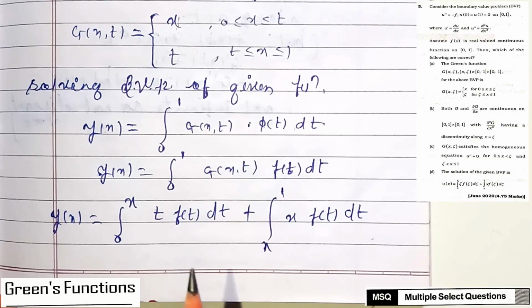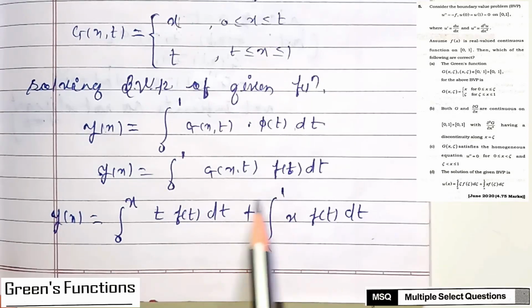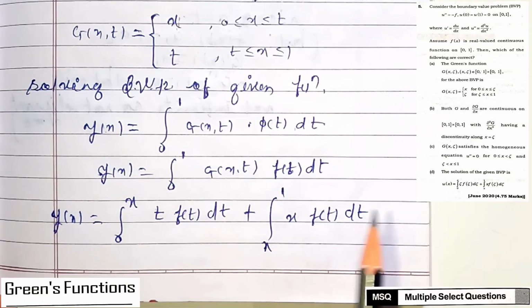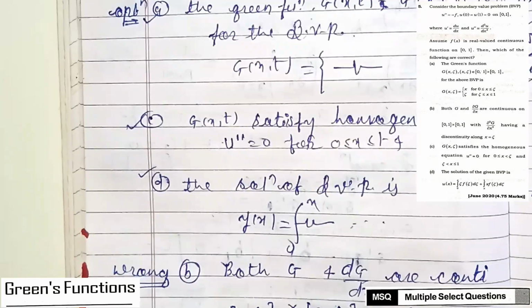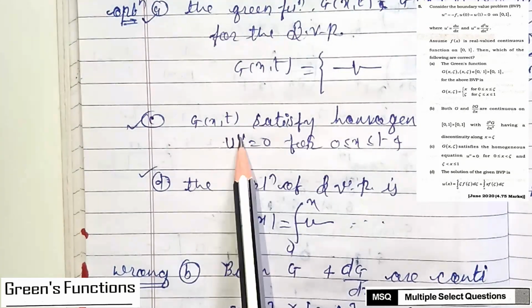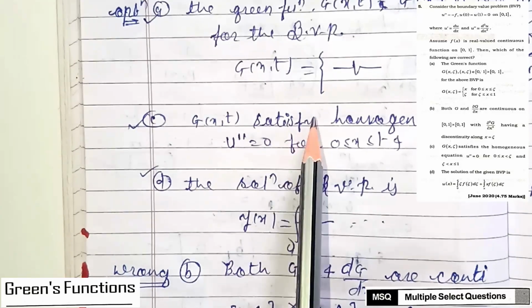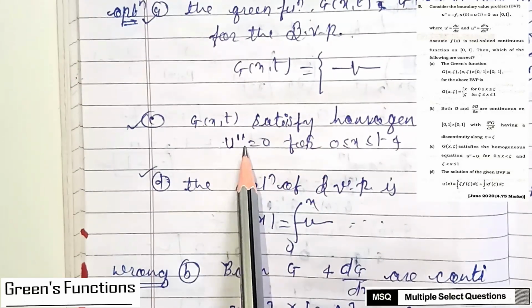The first option says that our solution belongs to the closed interval 0 to 1. As we have limits 0 to 1, our solution belongs there, so our first option is true using our y of x. Then the second option says that g of x, t satisfies the homogeneous equation y double dash equal to 0.